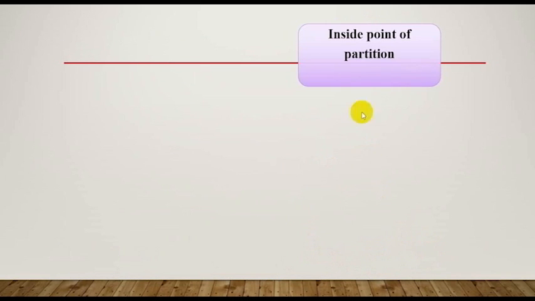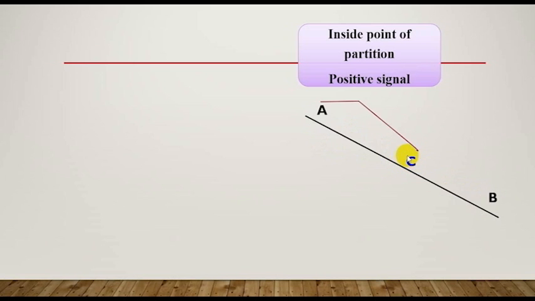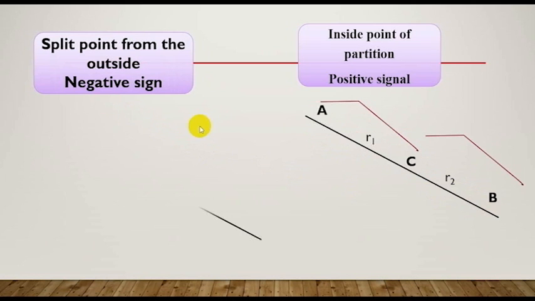Now we have the inside case, and this is a positive signal. If I have A and B, this will be our line and C inside, so we will have ratio R1 with the other part to be R2. Outside means that A and B and this C are outside, not in between.